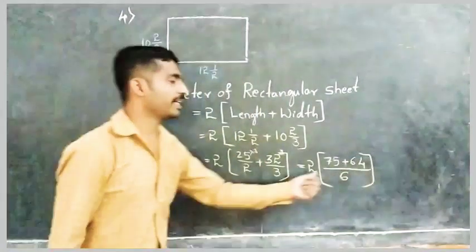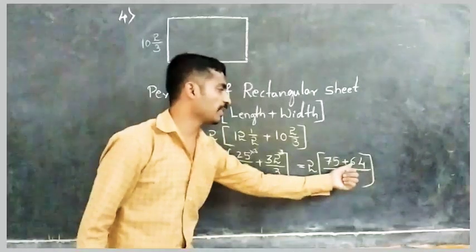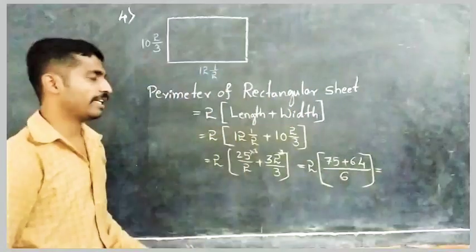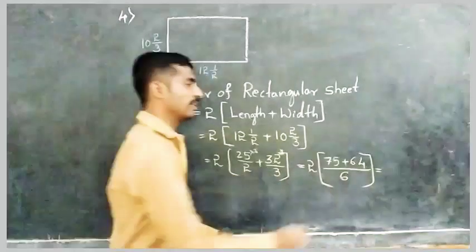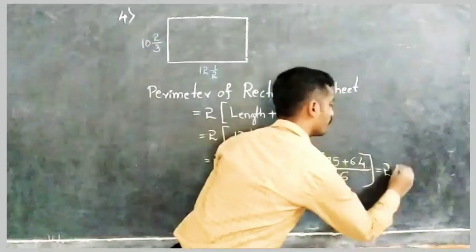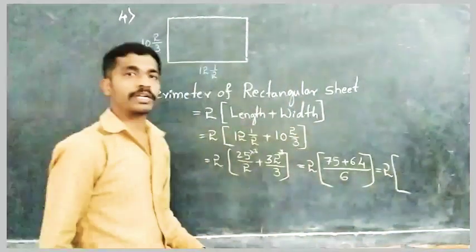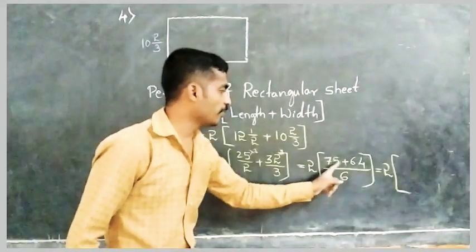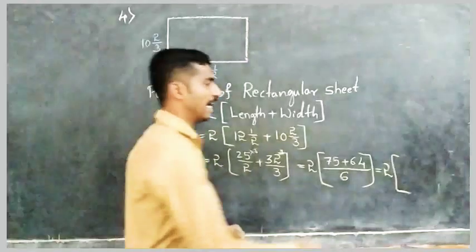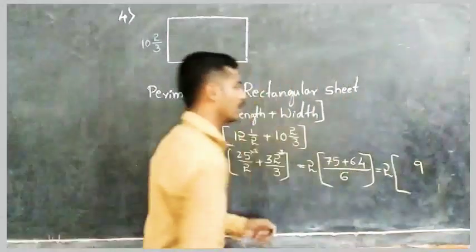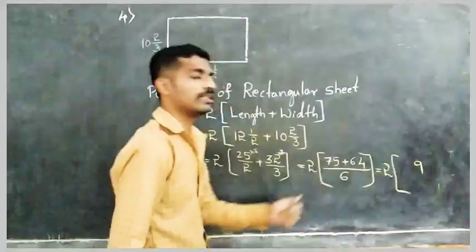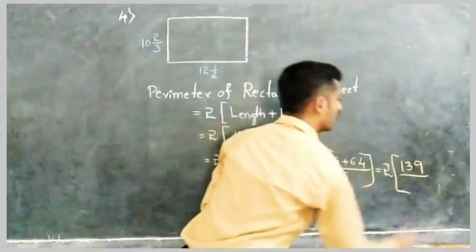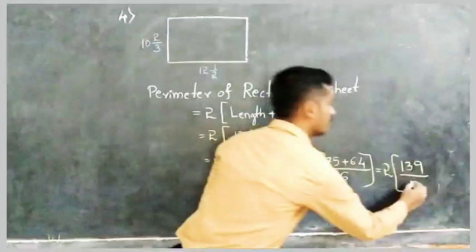Okay, how much are you getting here? 75 plus 64. Calculate them. Already 2 is there, write 2 like that only. 75 plus 64: 5 plus 4, 9, and 7 plus 6, that is 13, so 139 by 6.